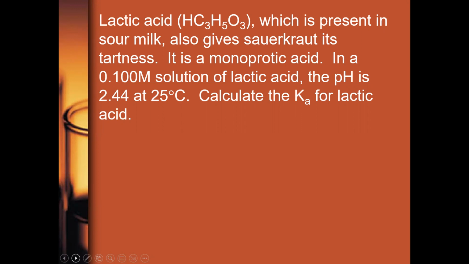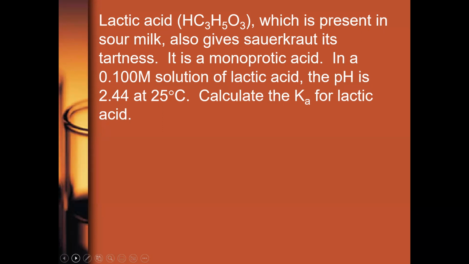Or you can solve it without the formula. But lactic acid, which is HC3H5O3, is present in sour milk, and also gives sauerkraut its tartness. So it has that sour flavor for us. It is considered a monoprotic acid. So remember, that's whenever it only has one hydrogen that ionizes, that one in the front.